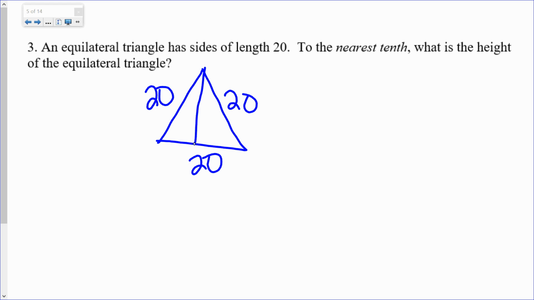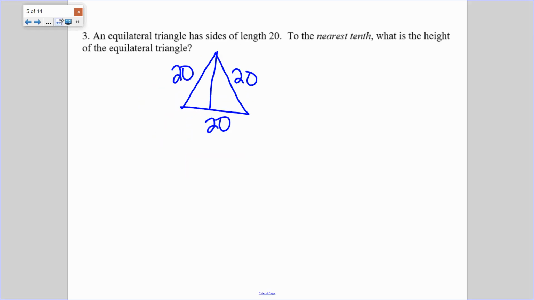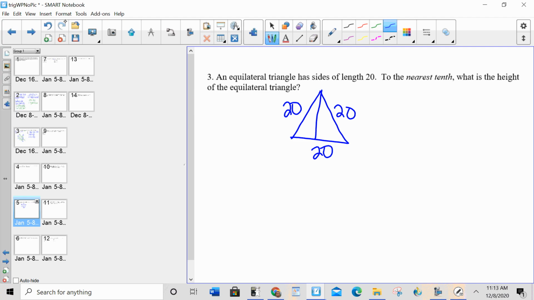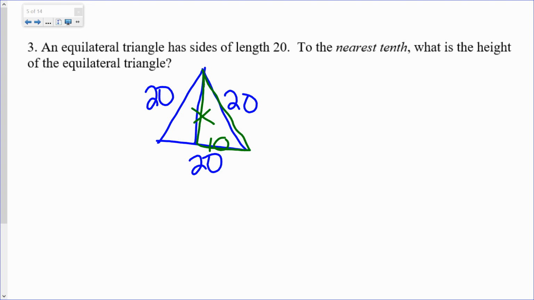And what I just did when I drew the height in is within my triangle, I have a right triangle. It's asking for the height, so that's what I'm trying to find. And since it's an equilateral triangle, this base is being cut in half. So now, within my picture, I have a right triangle.